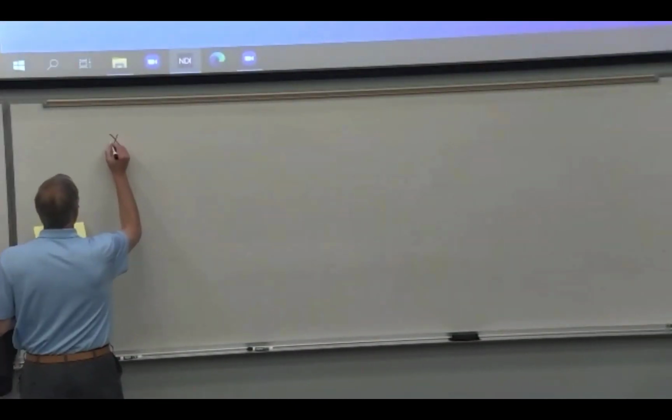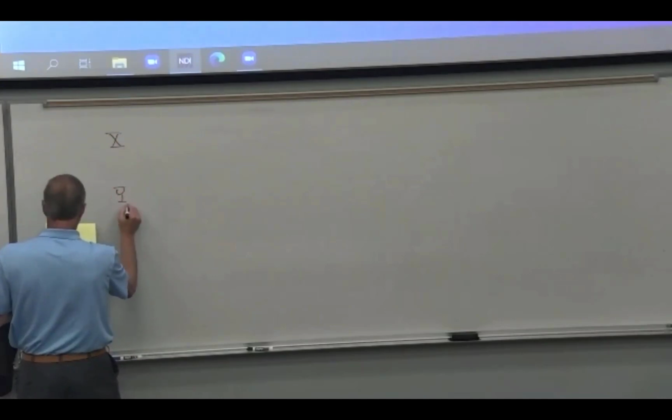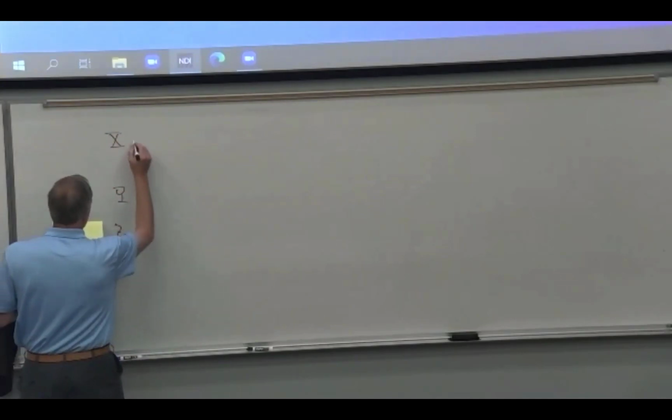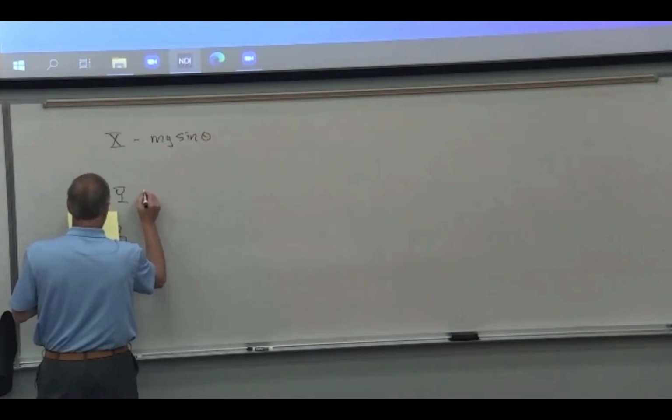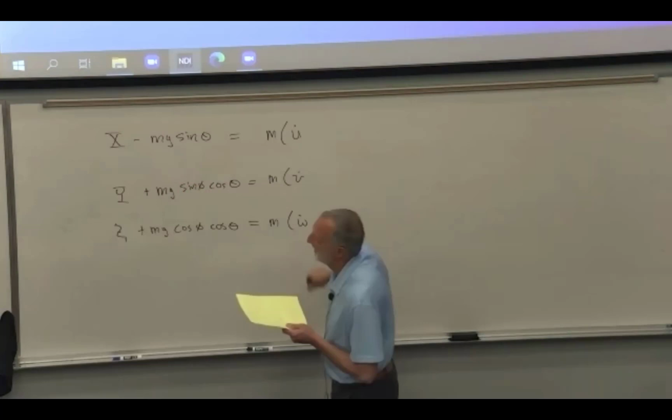So here's the whole set of equations. We got the aerodynamic force vector. Here's the gravity vector. And then there's the v dot.